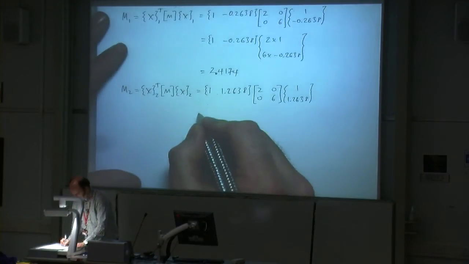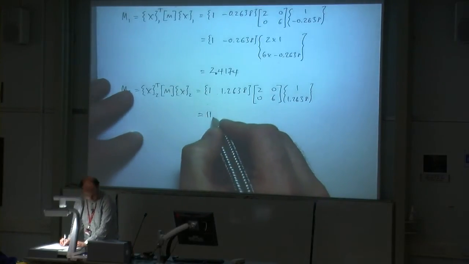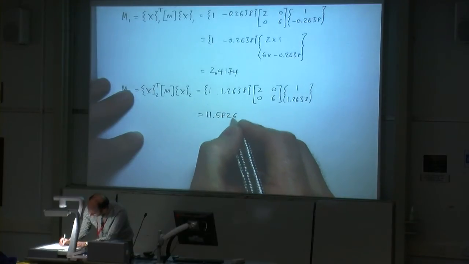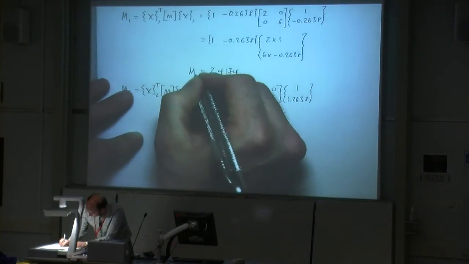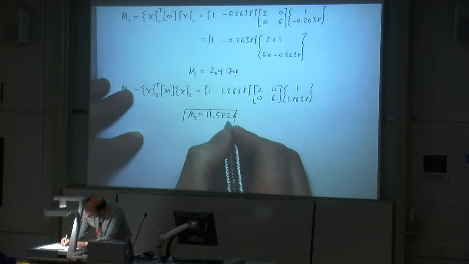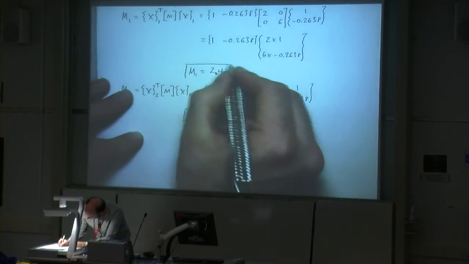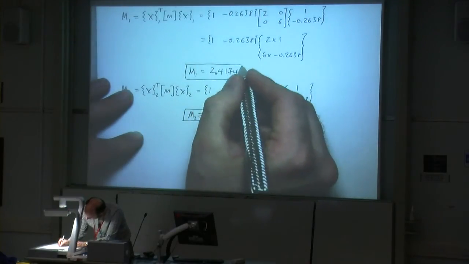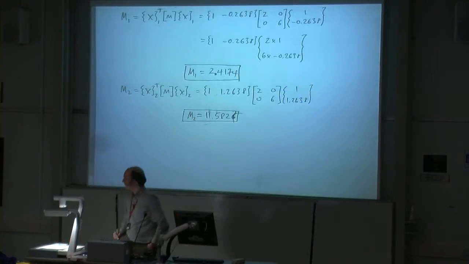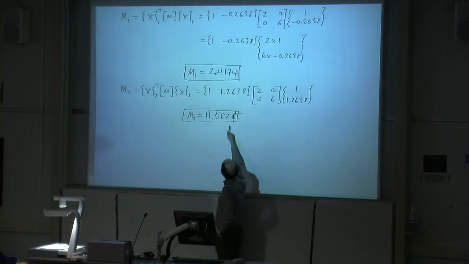And so you go through the same process and you get a solution this time of 11.5826. So there's M1 and there's M2. There's a 6 at the end of that term there. 11.5826.